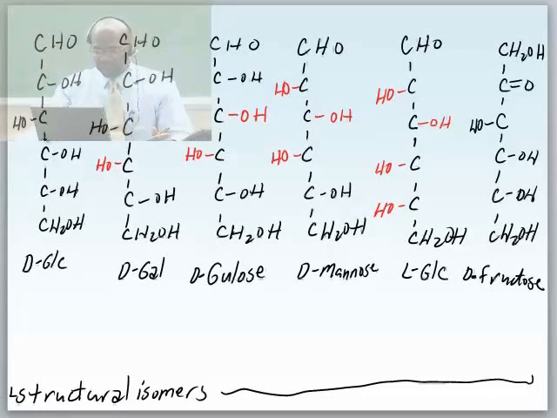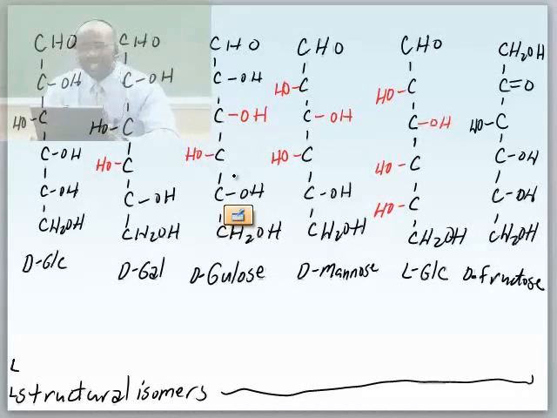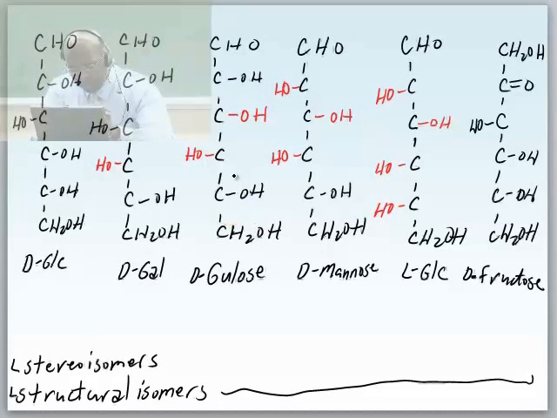Now, for these first 5 molecules, the chiral centers aren't all in the same configuration, but all of them have carbons 1 through 4 as chiral centers. And so all of these molecules are called stereoisomers. All of these are stereoisomers except for which one?